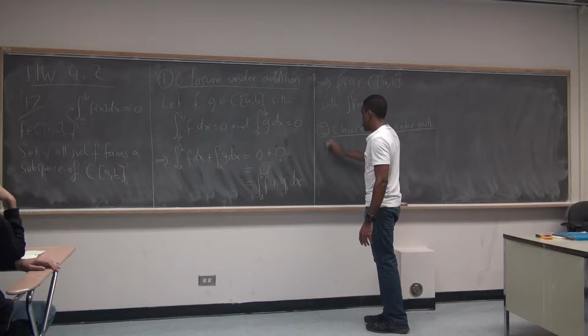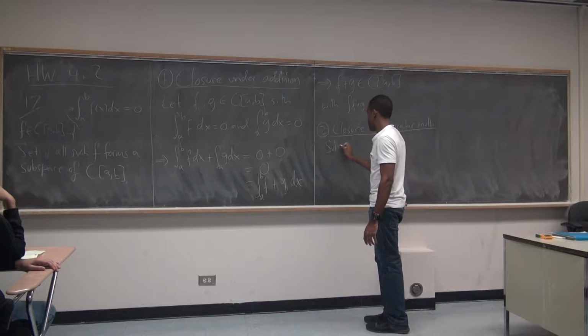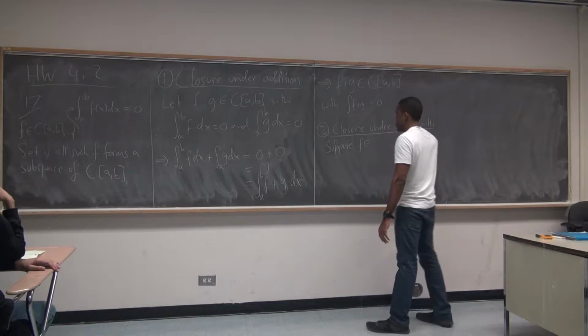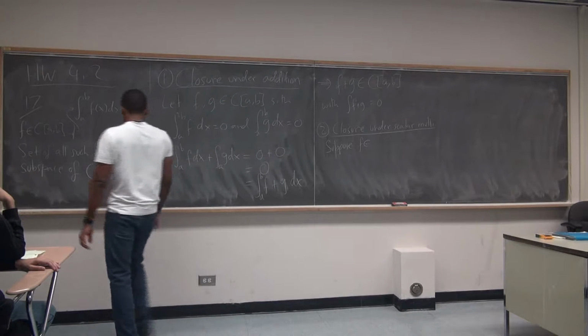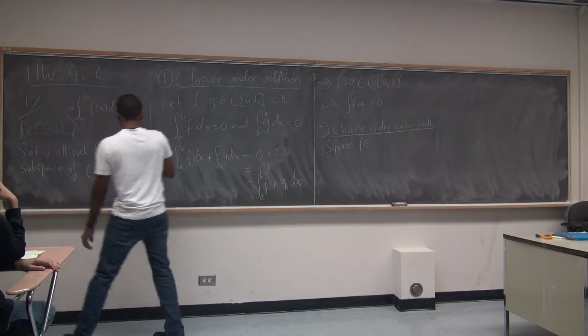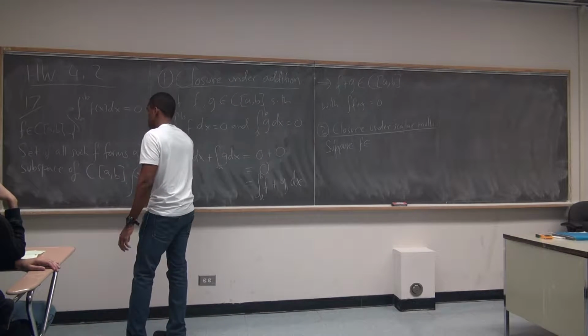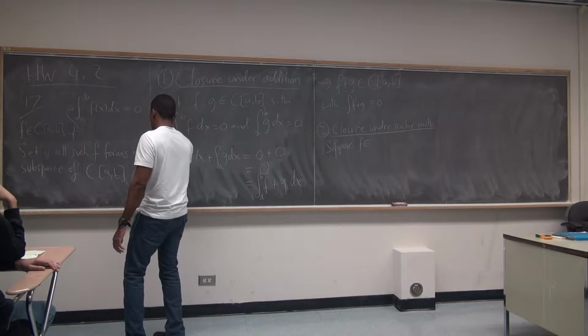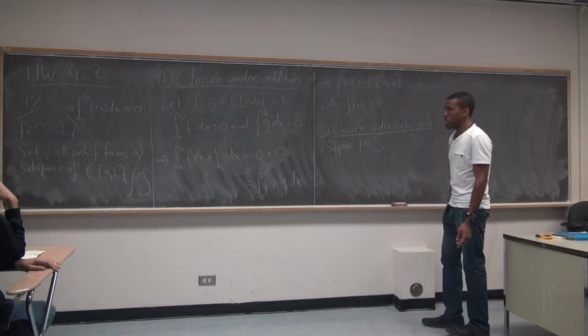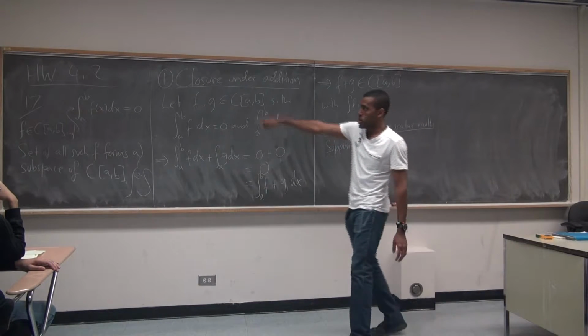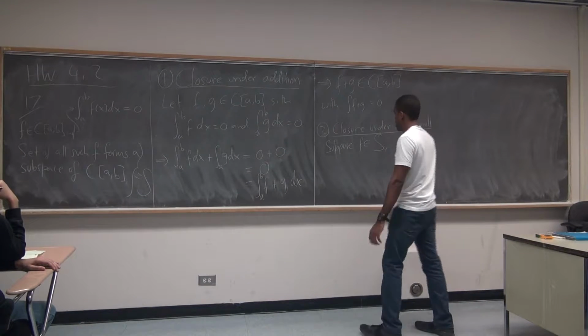So suppose, I don't want to be writing this down all the time. I don't know if they gave this thing a name, but call it something like set S. Suppose f is in the set S, meaning it's a continuous function on [a, b] whose integral is 0. Okay.